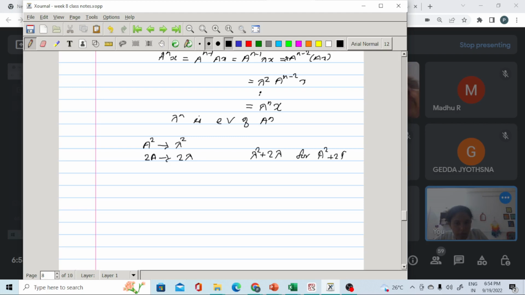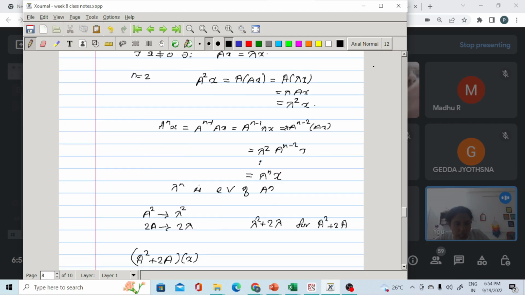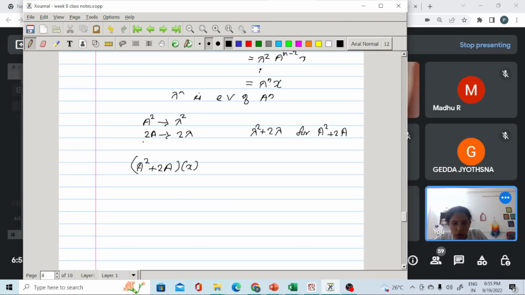Let us check this condition. A square plus 2A of x. This x we have already chosen non-zero, satisfying this condition. So A square plus 2A of x gives A square x plus 2Ax.